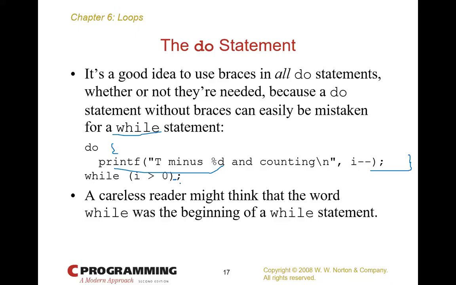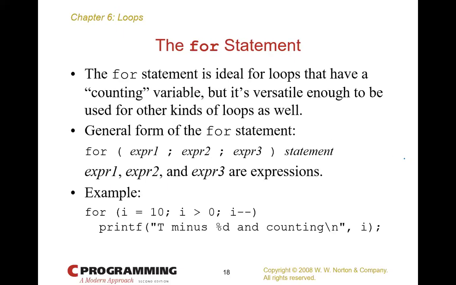So it's important for you to always put these curly braces so as to demonstrate that the while is for this do. A careless reader might think that the word while is the beginning of a while statement. So it's always good to put curly braces for do statement.